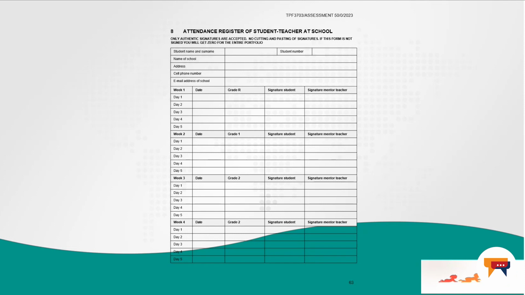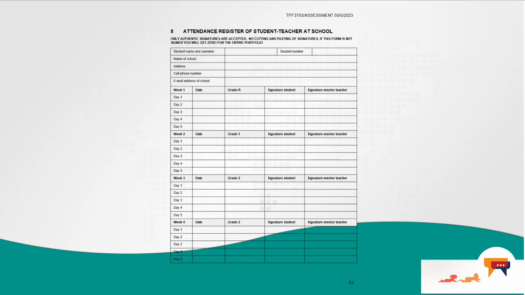Attendance register. Here, attendance register of student teacher at school. In this attendance register, dear students, if your assignment 2 doesn't have a register, it's a fail. Your portfolio 50 must have the full 5-week register. Without it, you fail.